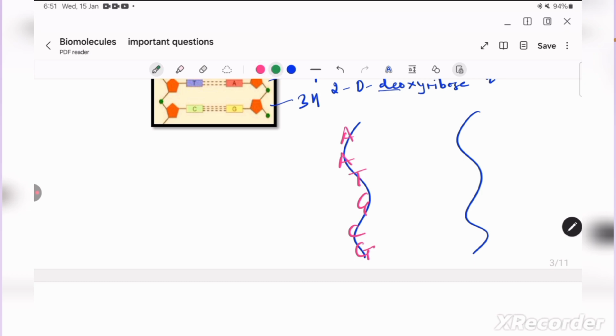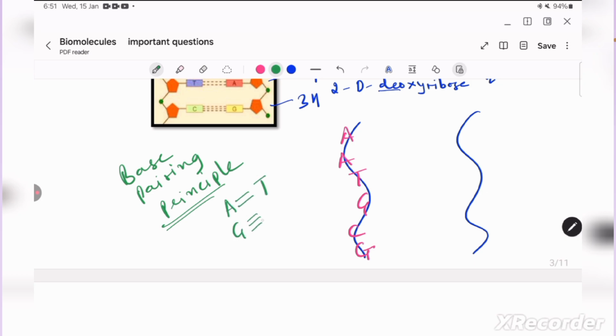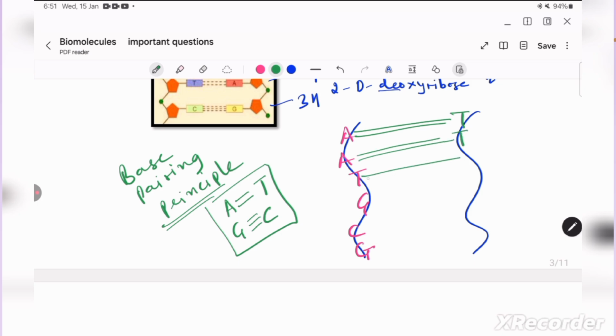That's quite simple, because there is a base pairing principle according to which the bases combine only in specific ways: A bonds with T and G bonds with C. With this logic you can start drawing the bases on the other side.